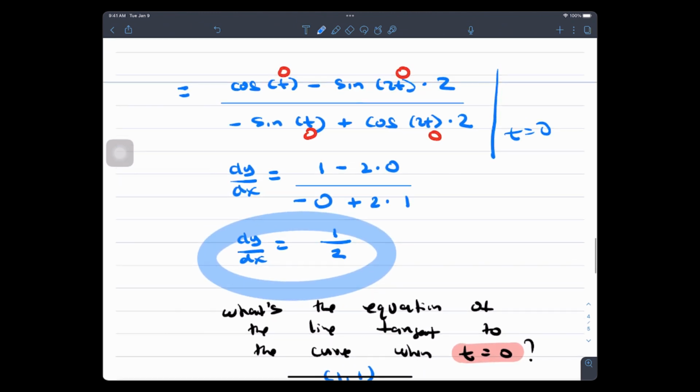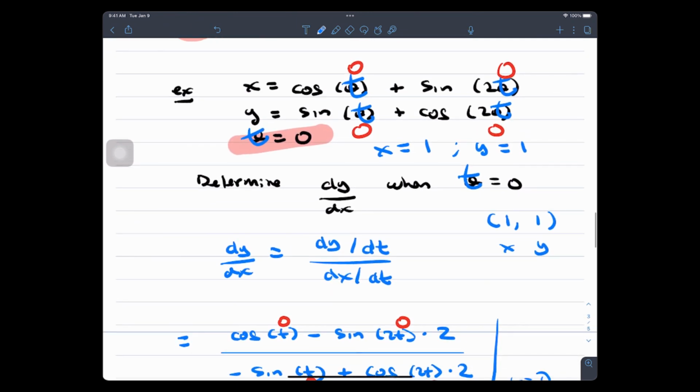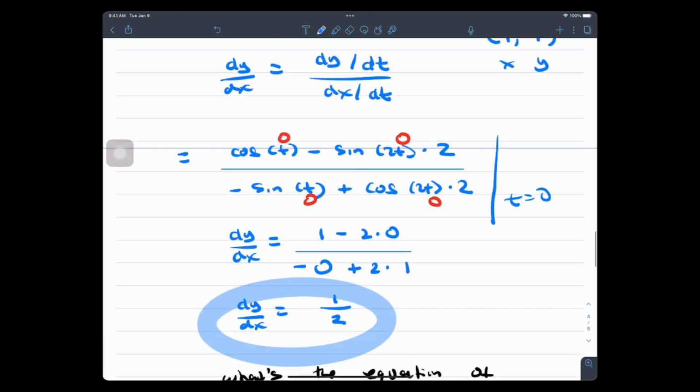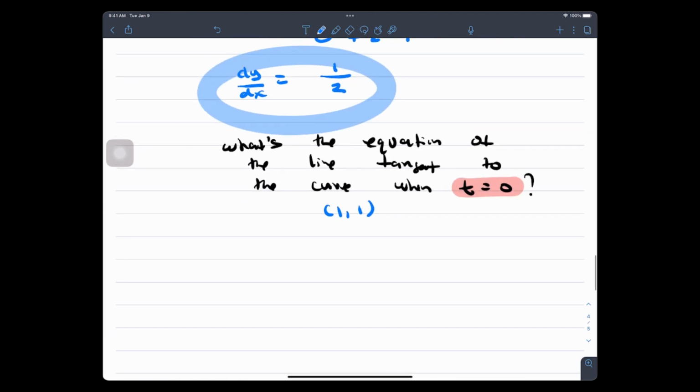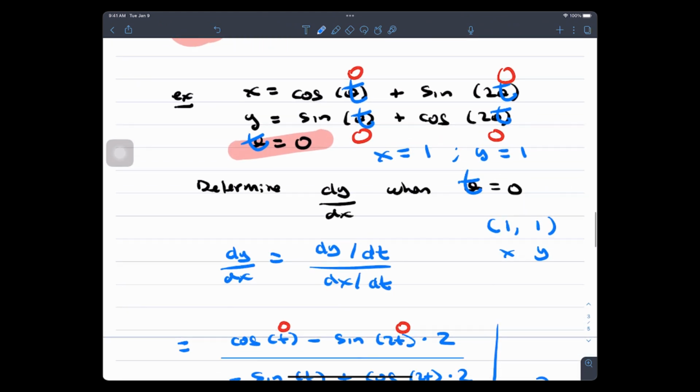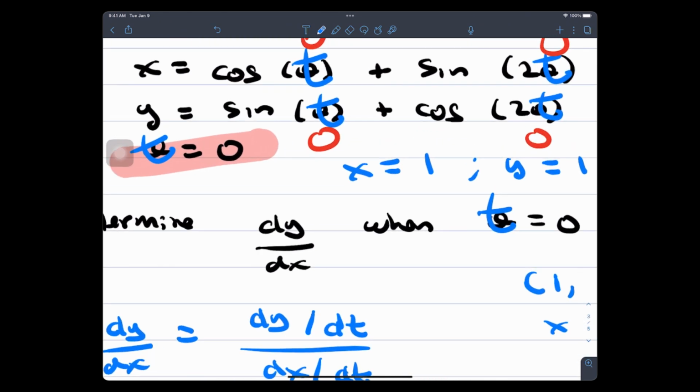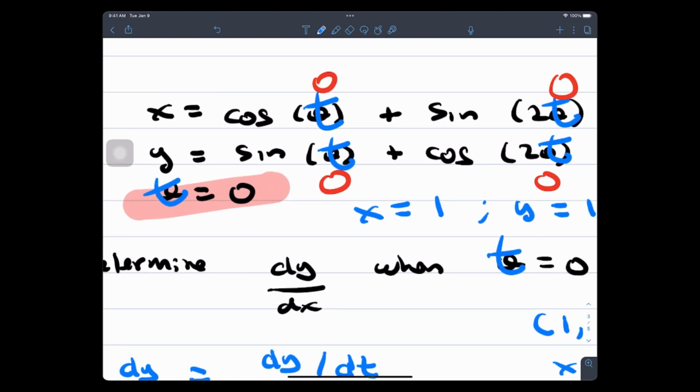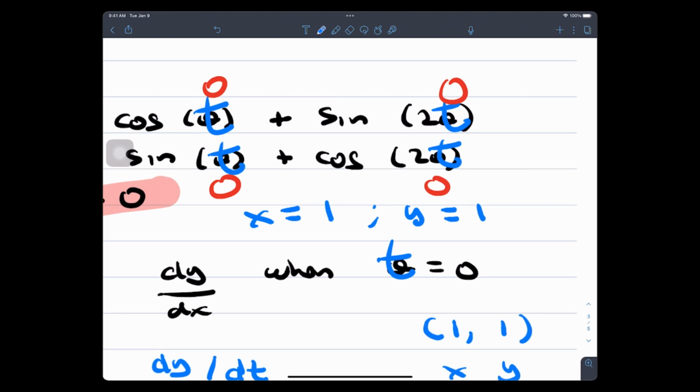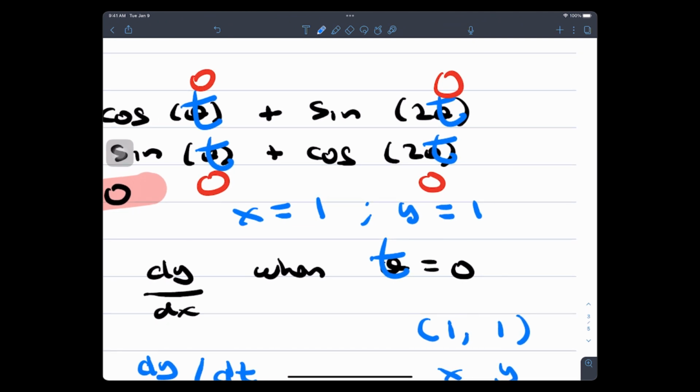Double check. Plug in t as 0 into the original parametric equations. Now, you go, well, what does that do? Well, y minus y1 is m tangent times x minus x1. Well, what is sine 0? 0. Plus cosine of 2 times 0. 2 times 0 is 0. What's cosine 0? 1. So 0 plus 1 will be 1.